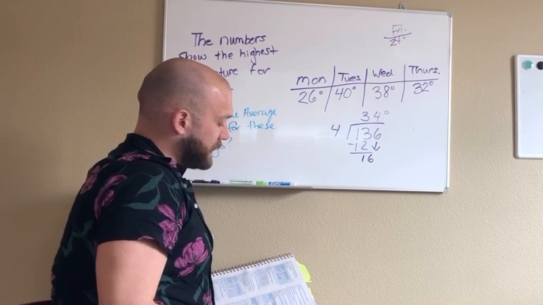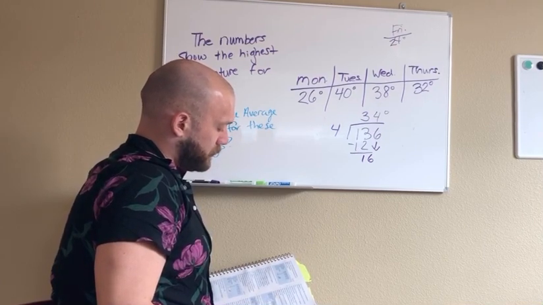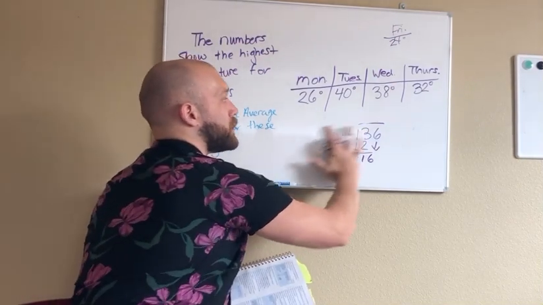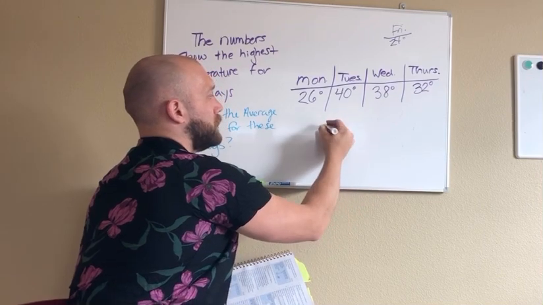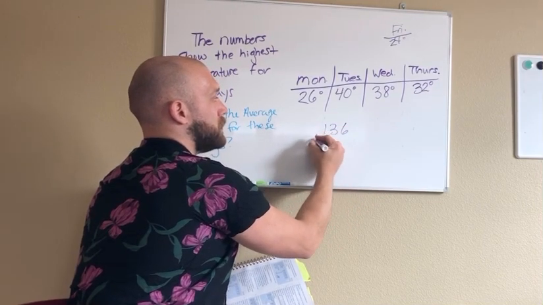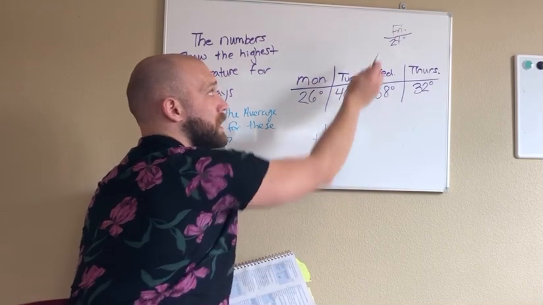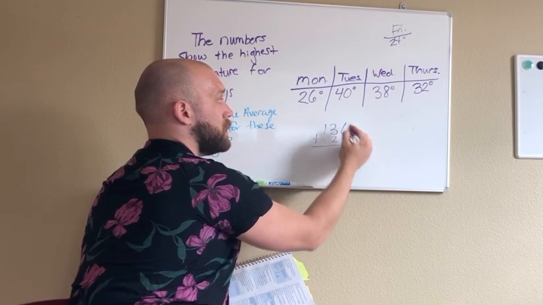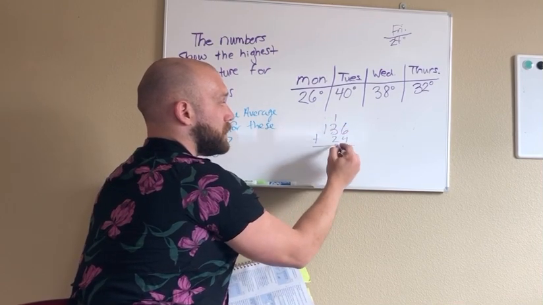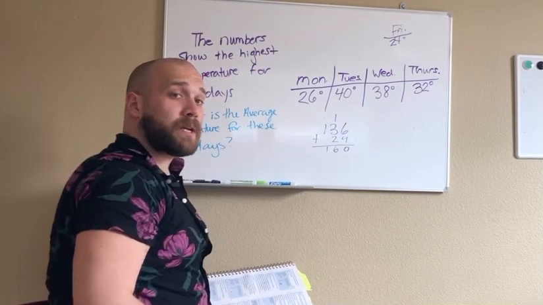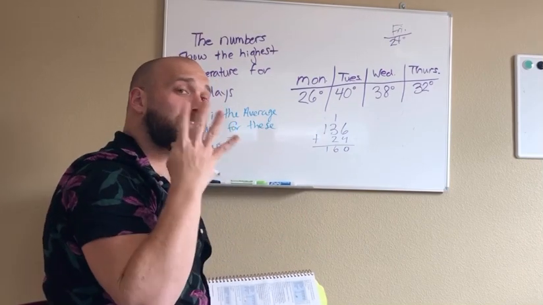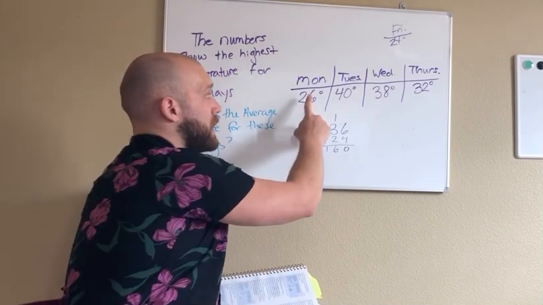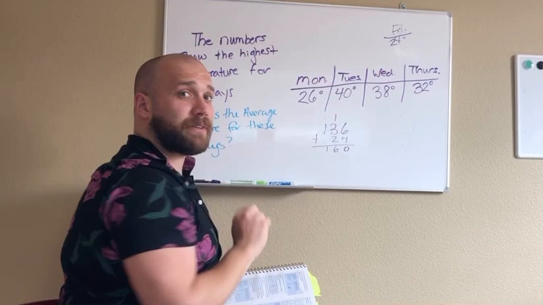So now I need to re-add up my numbers. I already have 136 when I had these 4, so I can take 136 and add one more to it. 136, because that was adding up these 4, and now I can just add 24 to it, my extra day. That's 160, but now I need to divide it by 5. Because there's now 1, 2, 3, 4, 5 days.